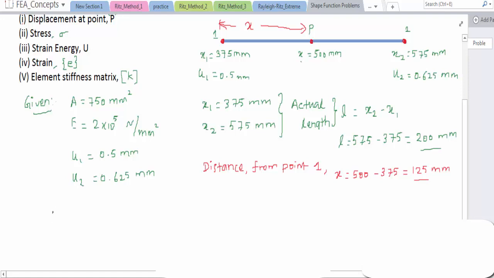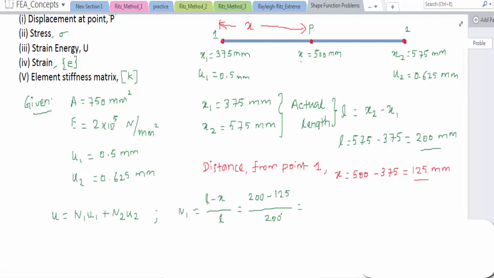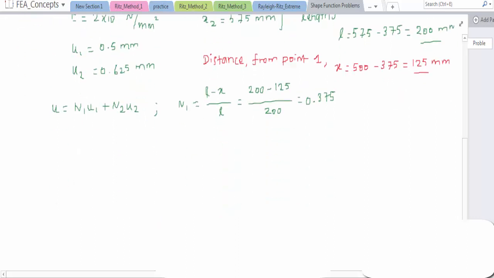Then the displacement we are going to find out, u equal to N1 u1 plus N2 u2. We find the value of N1, which is (L minus x) by L. From this we calculate N1 equal to 0.375, and N2 similarly is x by L, where x is 125 divided by 200, so 0.625.